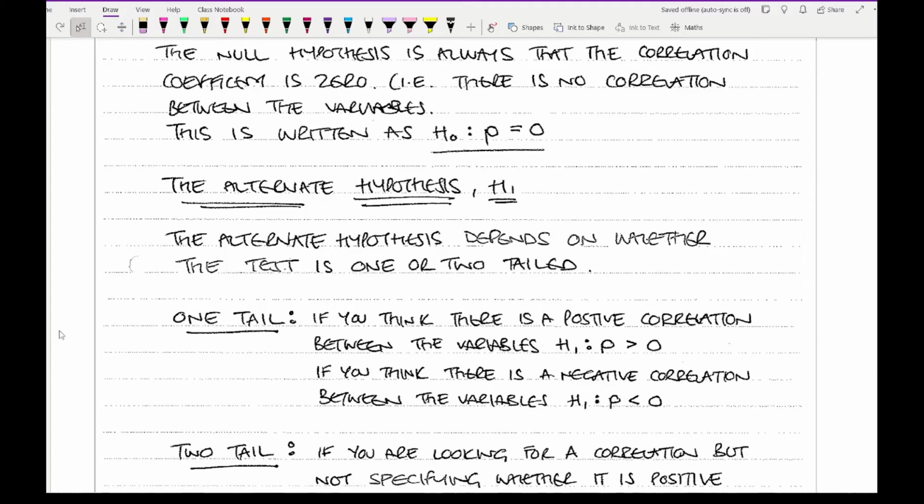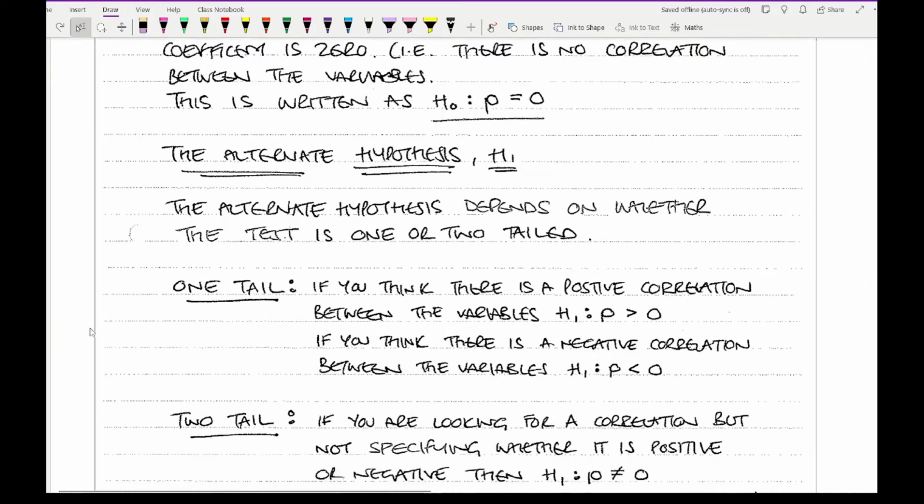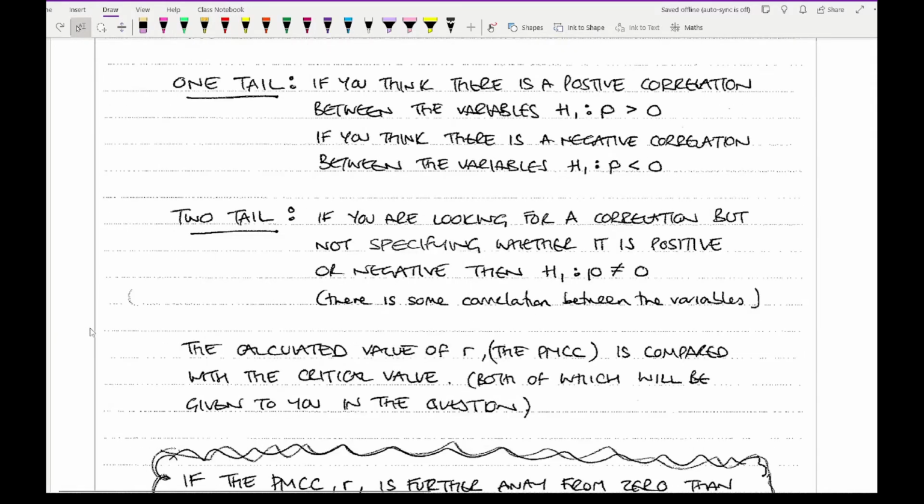If you believe there is negative correlation, then your alternative hypothesis for a one-tail test will be rho is less than 0. If you are looking at a two-tail test, you're basically just looking for correlation, but you're not specifying whether it's positive or negative. All you know is that the two variables have some form of connection, and this is where rho is not equal to 0.